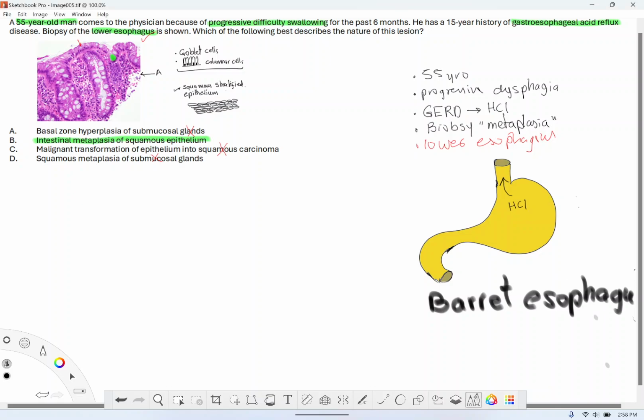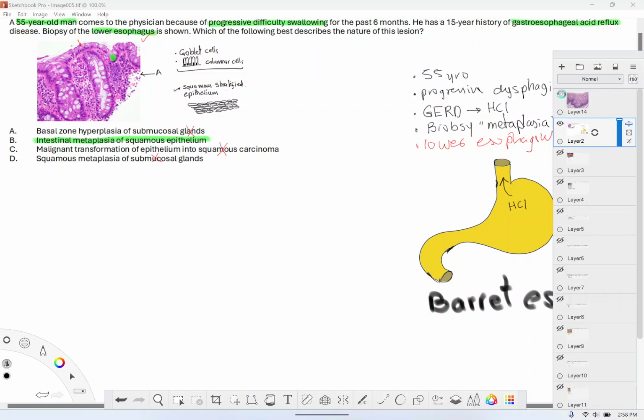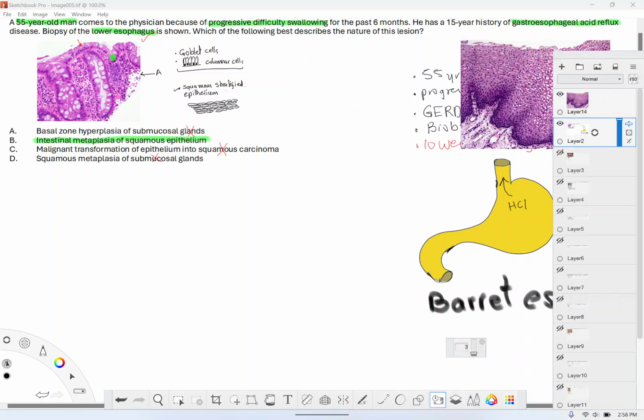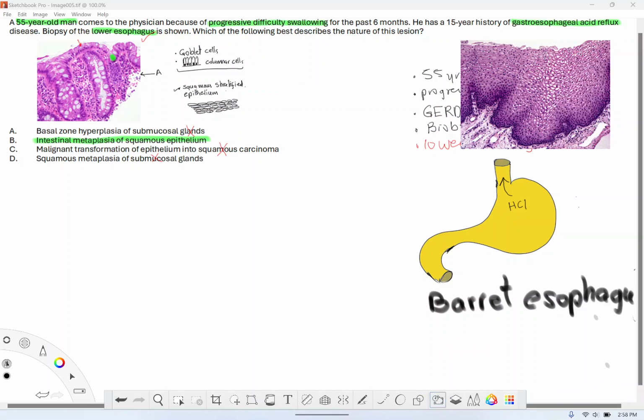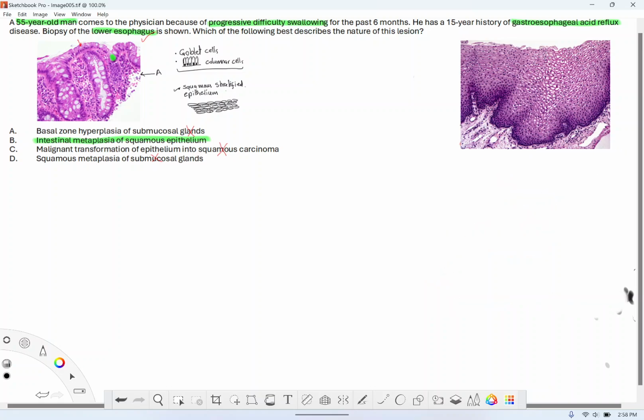Oh, before we go to the next question, I want to show you something. Let me show you the natural state. So this picture is a natural state of the esophagus.